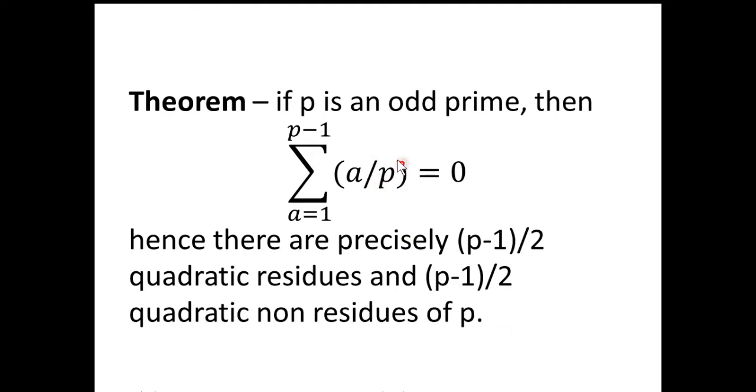Because here you are adding all the values of Legendre symbols. If this is 0, that means half of the values are positive and half of the values are the same value but with negative sign. So you have exactly (p minus 1) upon 2 quadratic residues and exactly half, that is (p minus 1) upon 2, quadratic non-residues.